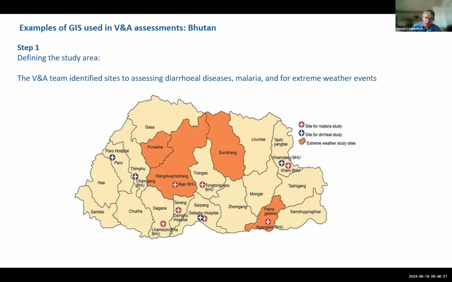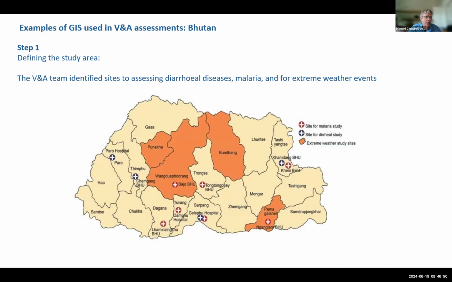But in many of the countries with which we've been working for the longest through our climate change and adaptation projects, it is quite routine for them to use GIS, even to start to kick off the work, even to kick off the first stages of the V&A, including identifying study areas in which to start examining the links between weather and climate variables and health outcomes.